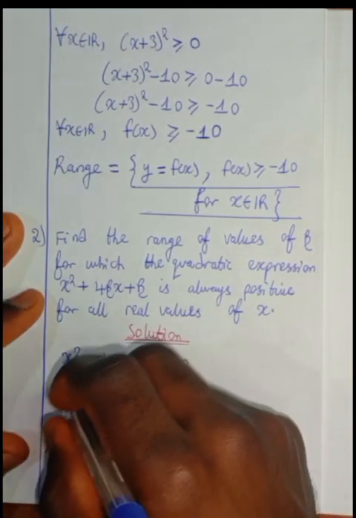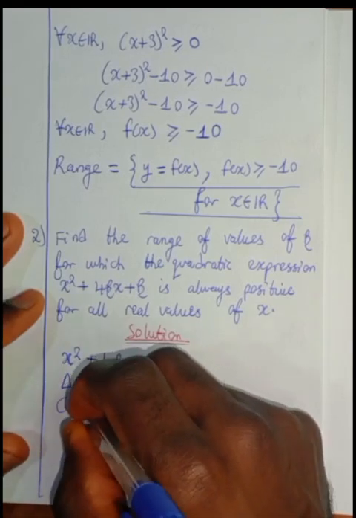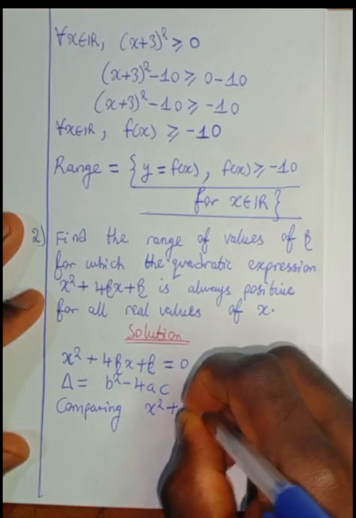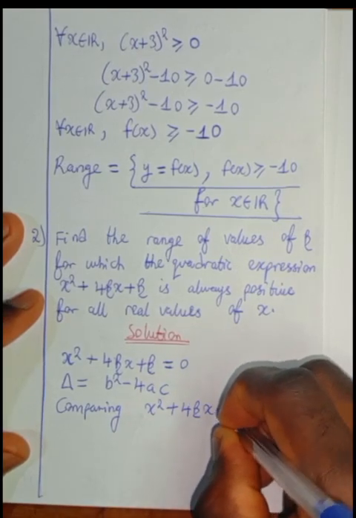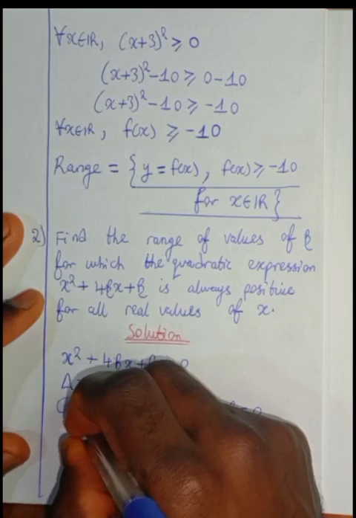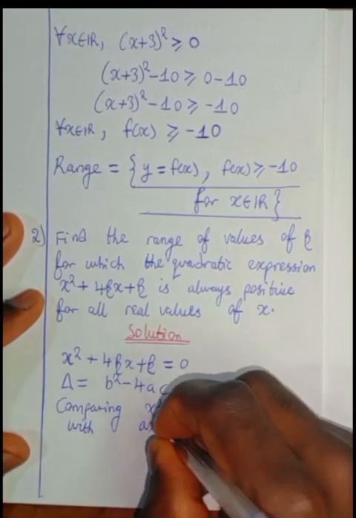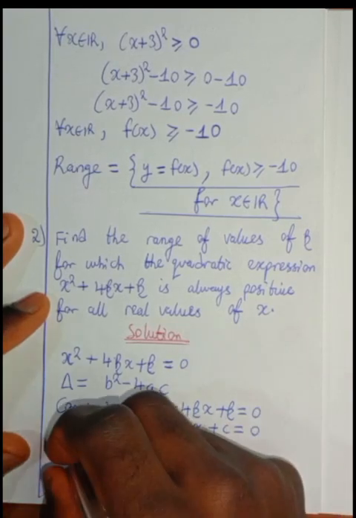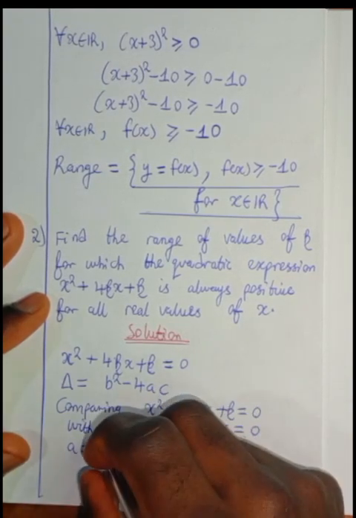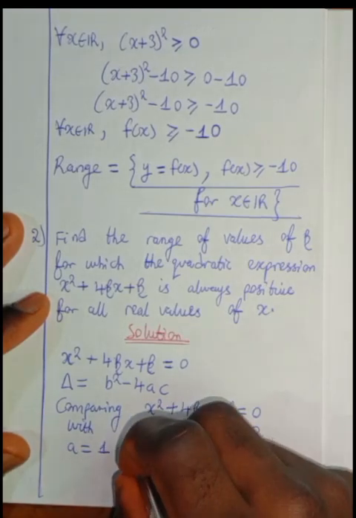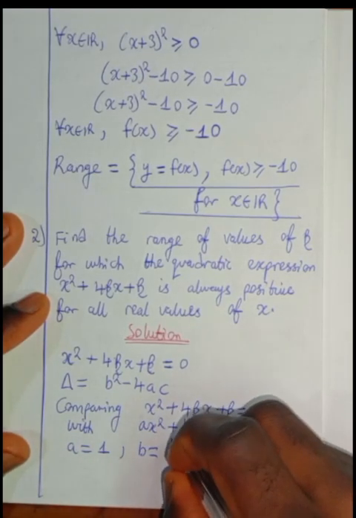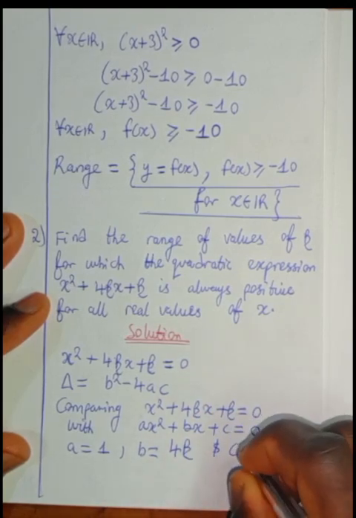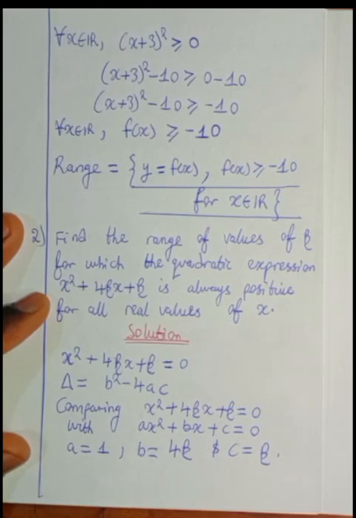Now if we compare this quadratic equation, x squared plus 4 beta x plus beta equal to 0, with ax squared plus bx plus c equal to 0, we have a to be 1, which is the coefficient of x squared, b to be 4 beta, and c will simply be equal to beta.